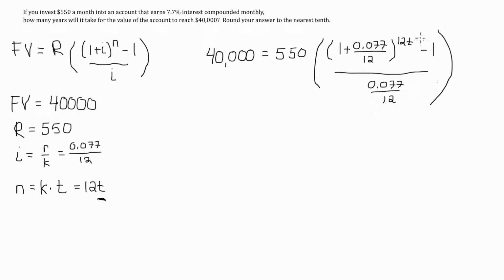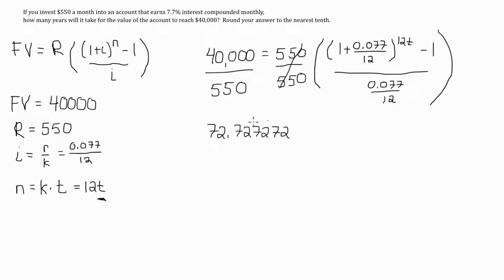Perfect. Okay, so now we need to get t by itself. So we're just going to do some math. So let's get rid of this 550 first. Because it's attached to this multiplication, I'm going to do division to undo it. So see you later. Okay, and 40,000 divided by 550 is going to be 72.727272.